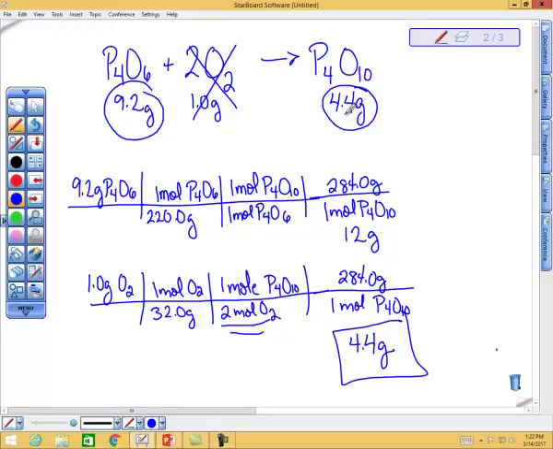Yep, you would actually have to start with your 4.4 grams of P4O10 and then figure out how much P4O6 it took to make that 4.4 grams. Because you didn't use all of those 9.2 grams, you only used some of it. Pretty intense problem, huh, guys? All right. Thinking creatively, though, is essential. Problem solving, right? Solving the puzzle, solving the problem.